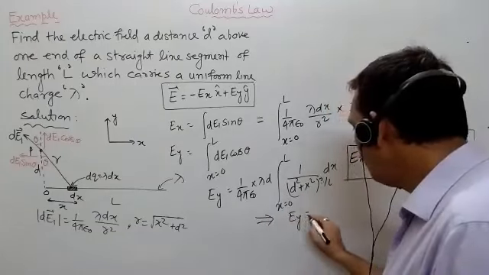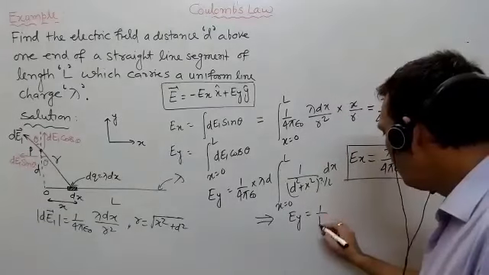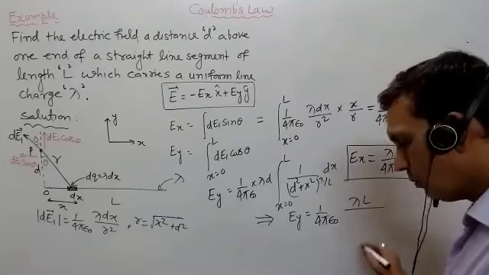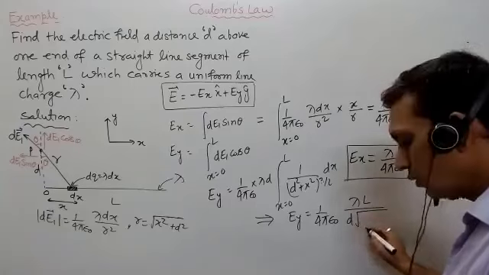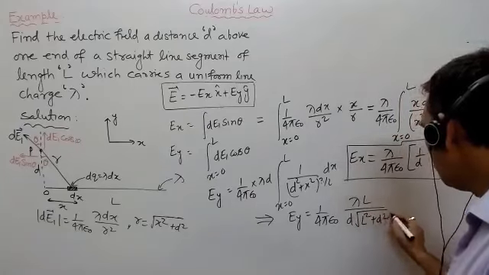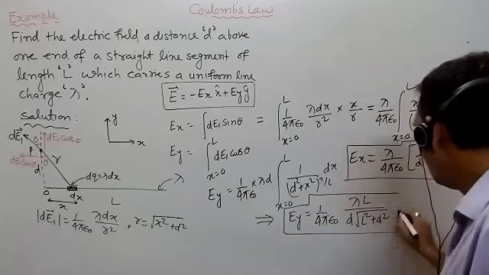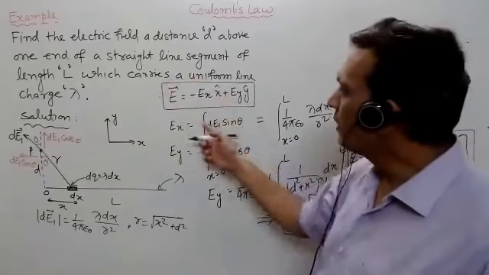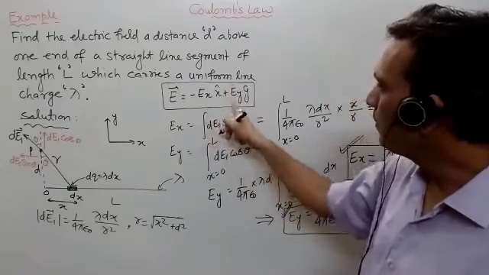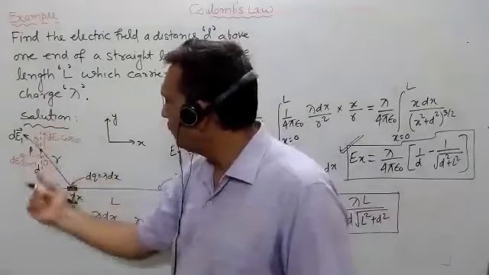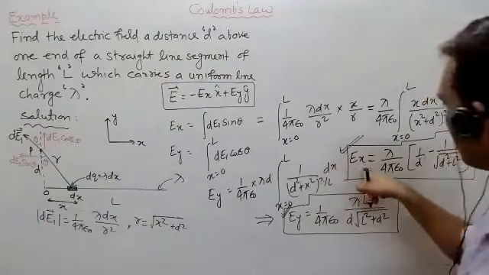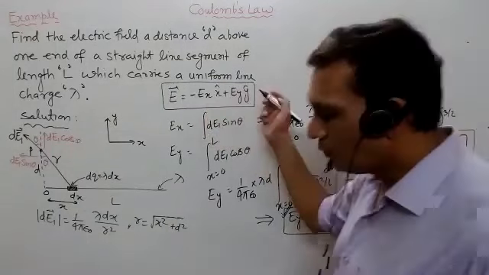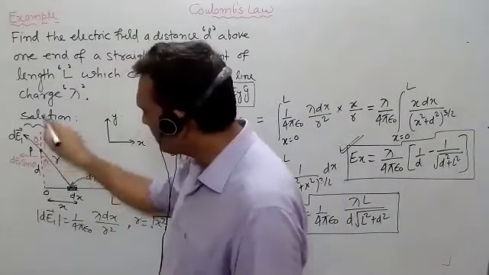So Ey will be 1 by 4 pi epsilon naught lambda into L by d under root L square plus d square. So this is Ex and this is Ey. And finally you can express E as minus Ex x cap plus Ey y cap. You can see the resultant direction will be y and minus x cap. So we have calculated Ex and Ey. E is minus Ex x cap plus Ey y cap. This is the field at this end of the wire.